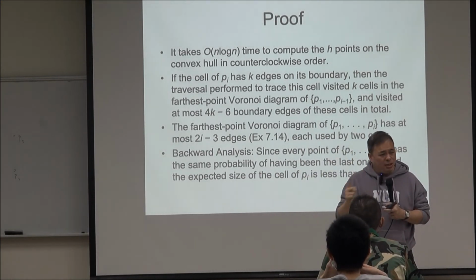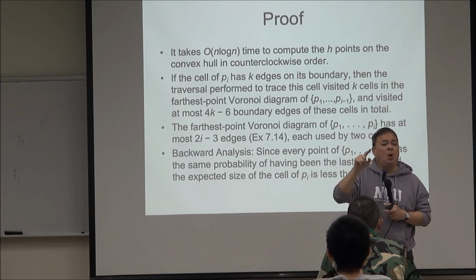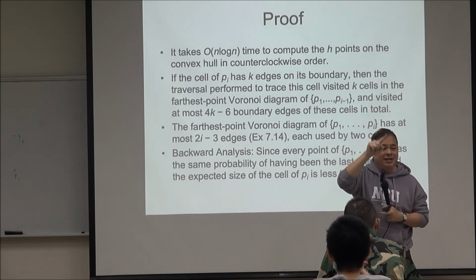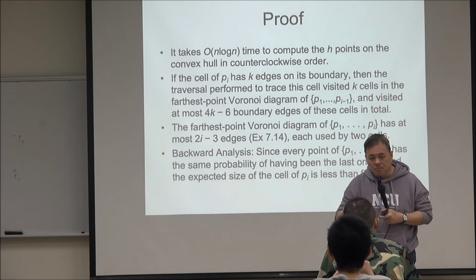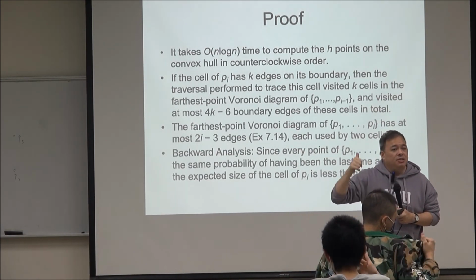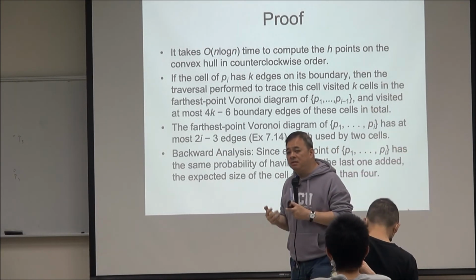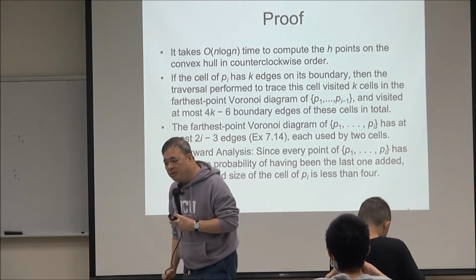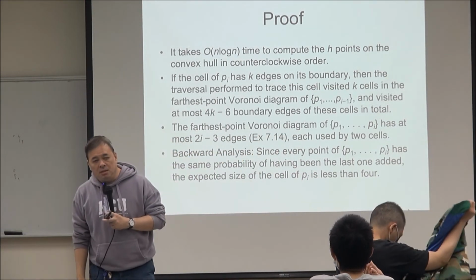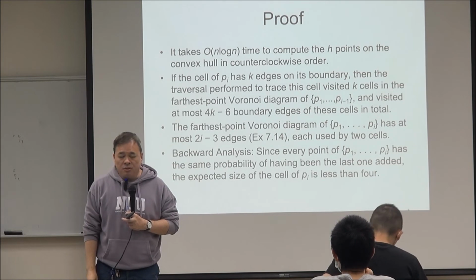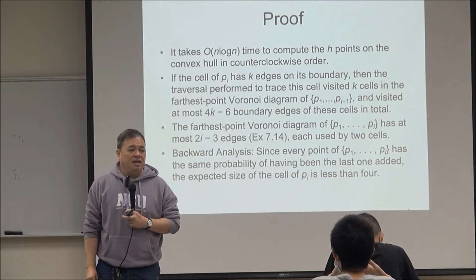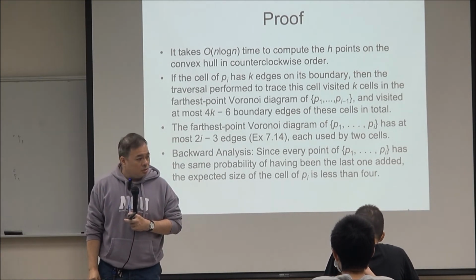But this is not each one. Actually, it's for all the k sites. Remember, here comes the interesting part of the randomized algorithm. In a randomized algorithm, every site is considered equally.